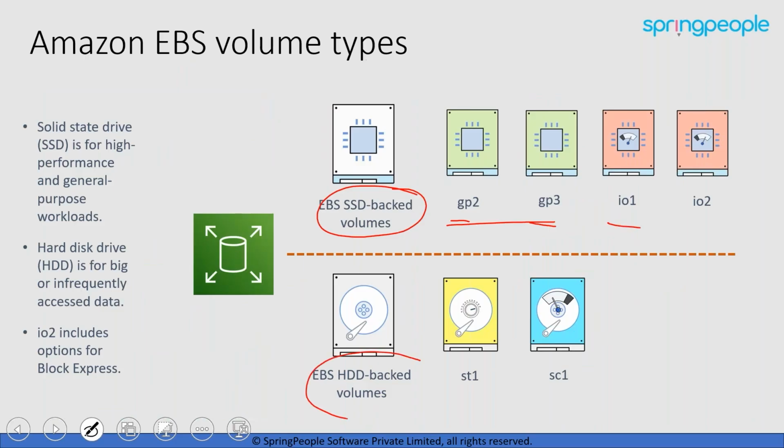And for HDD backed volumes, we have two options once again: cold drive and throughput optimized, which are ST1 and SC1. Depending upon your requirement and what type of application you are planning to run, you are going to select whether to go for SSD or HDD. But nowadays, the latest workloads suit very well with the SSD type of hard disk.